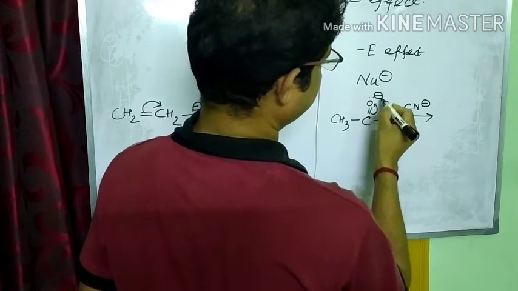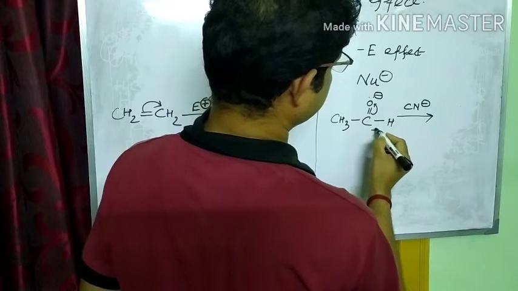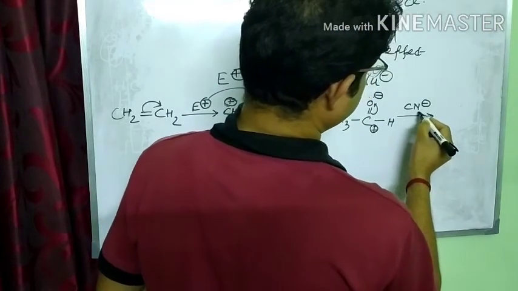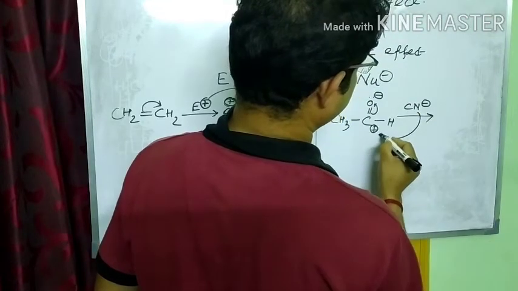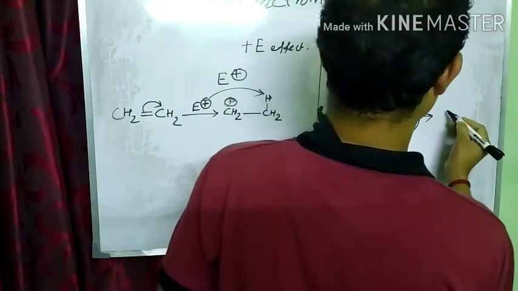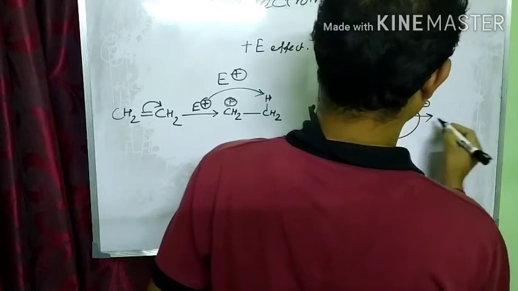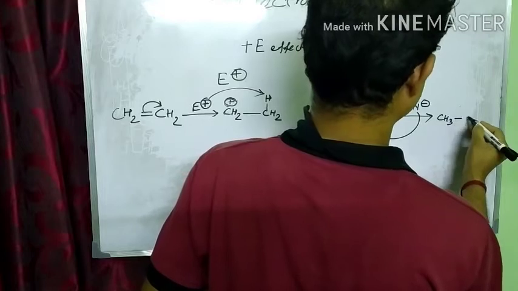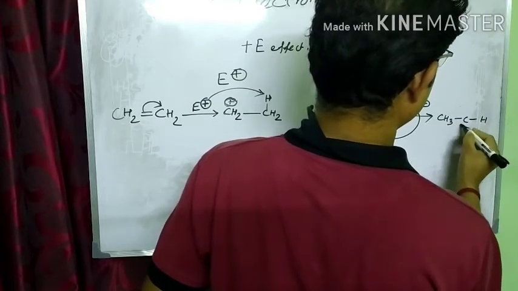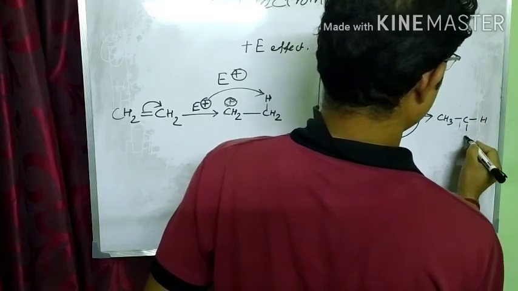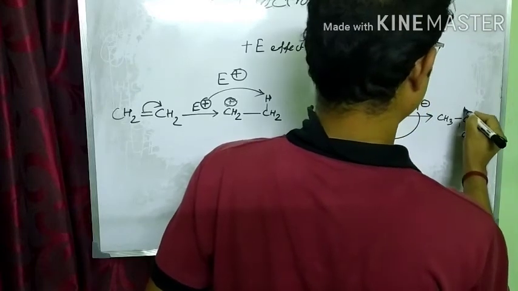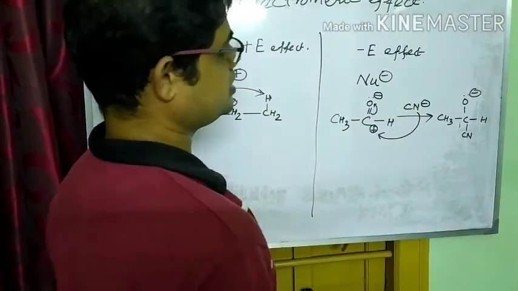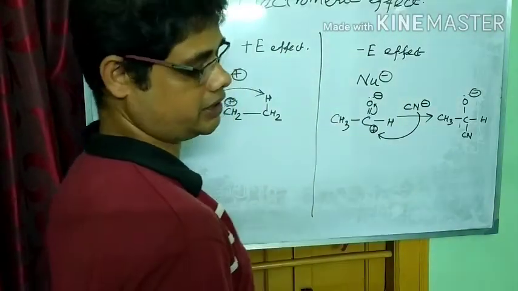Oxygen getting negative charge and carbon gets positive charge. Here CN attacks this carbon. Now the compound will be of this type. This is all about electromagnetic effect.